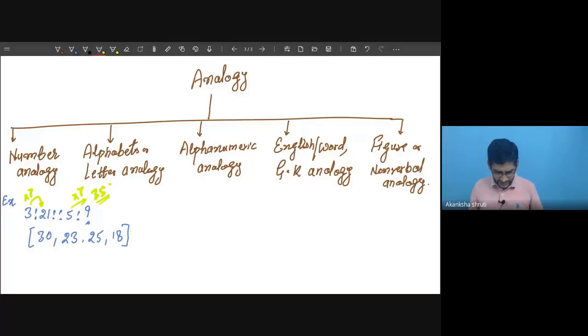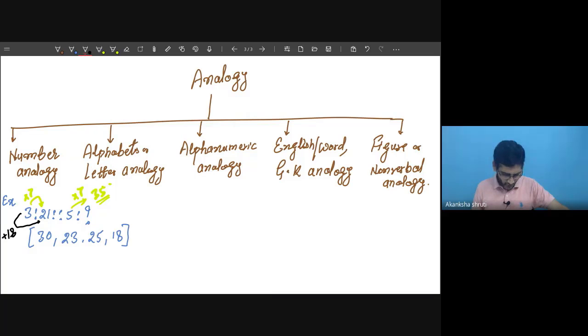So we have to search for whatever other relation is possible. Here we are observing that if I just take the difference, 21 minus 3 is 18, means adding 18 to 3 we are getting 21.